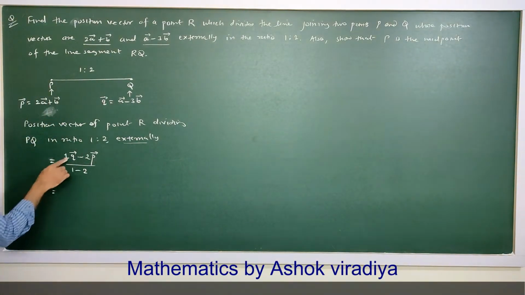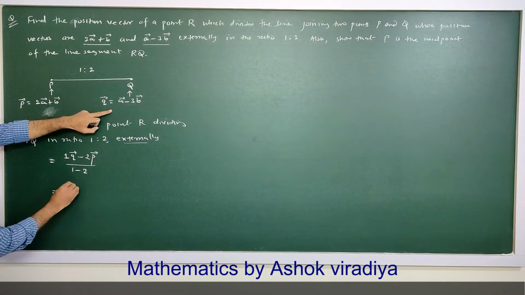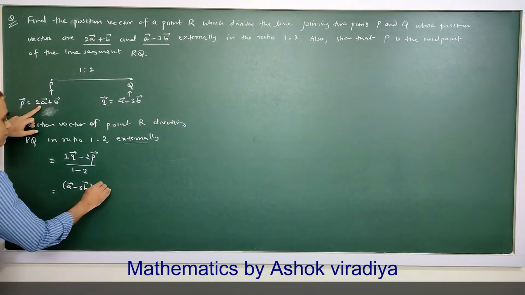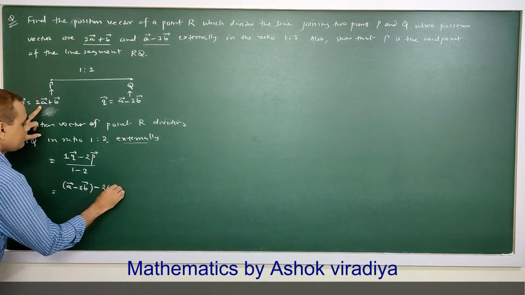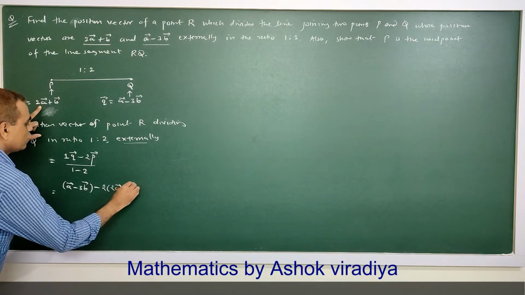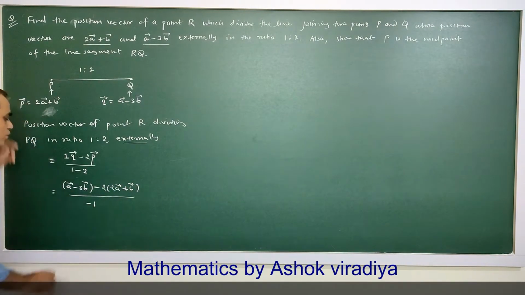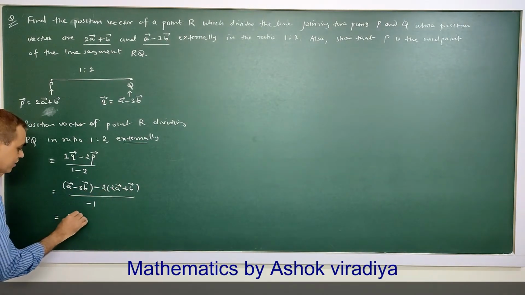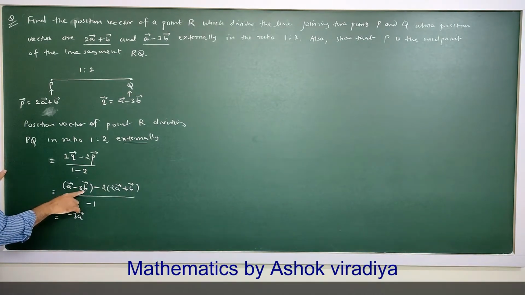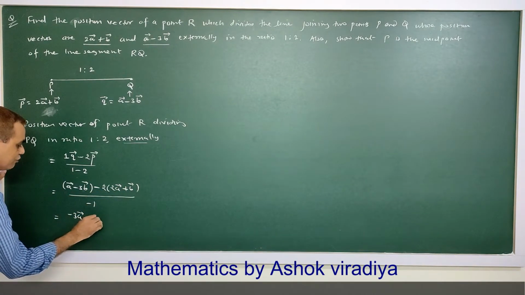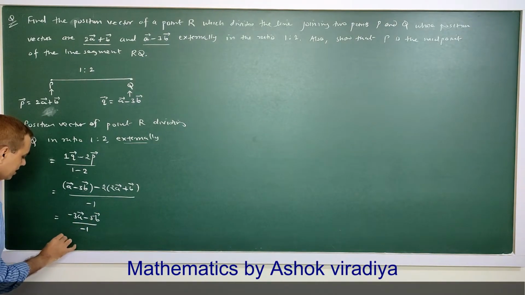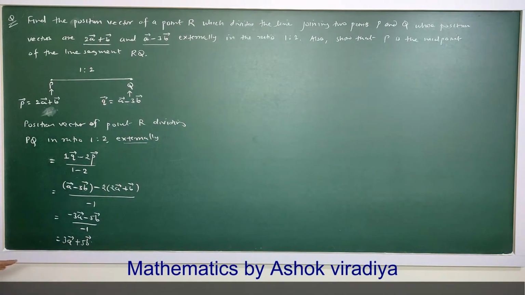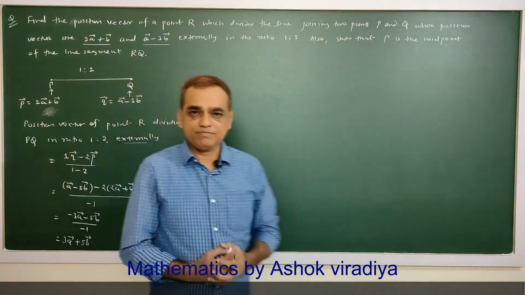So that is vector A minus 3 times vector B minus 2 times 2 times vector A plus vector B, upon minus 1. That is vector A minus 4A, that is minus 3A, and minus 3B minus 2B, that is minus 5B, upon minus 1. So this is 3 times vector A plus 5 times vector B. This is the position vector of point R.